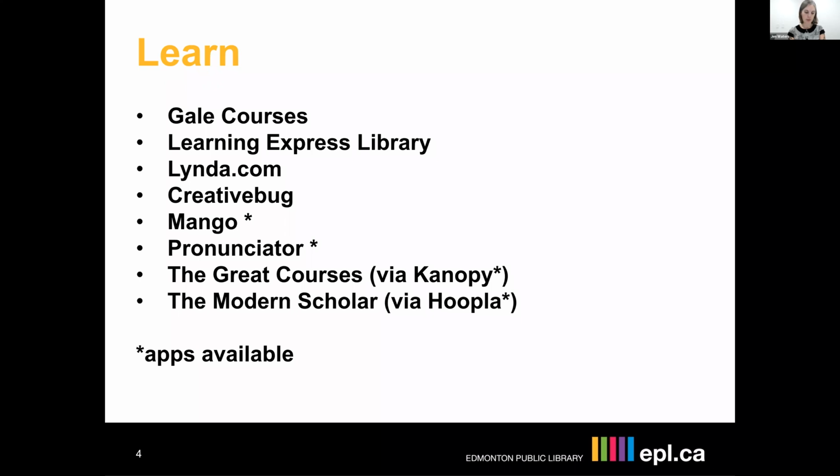And I will say that for all of these sites that we're going to, you do need to have your EPL library card, but you will also be asked to set up a profile or an account. That's usually just an email address and your library card number, and you might need to add a password. That's because you start off on epl.ca at our library website, and then it takes you off to another website.